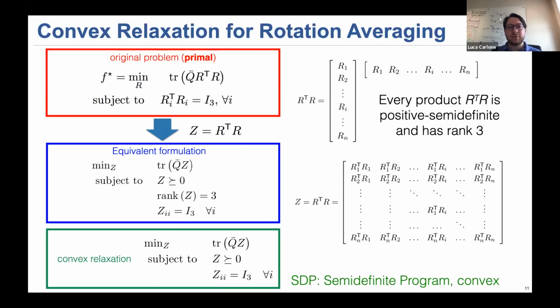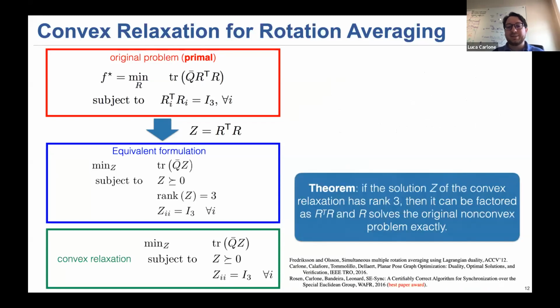The nice thing about this convex SDP relaxation is that it's easy to get an a posteriori check. After you solve the convex relaxation, you can check if you indeed got the right solution or not. It's very easy to get a theorem saying that if the solution Z of the convex relaxation has rank 3, then it can be factored into R transpose R, and R solves the original non-convex problem exactly, okay?